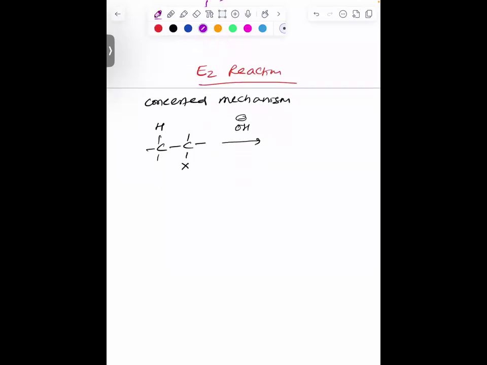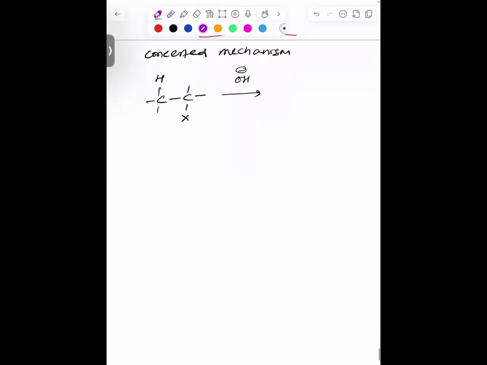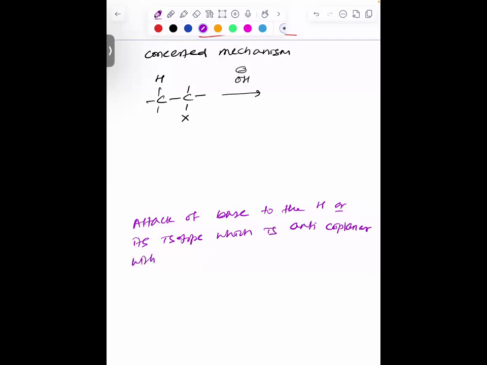Note down: attack of base to the hydrogen or its isotope which is anti-coplanar with the halogen.